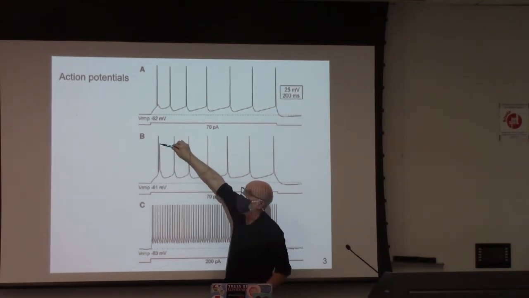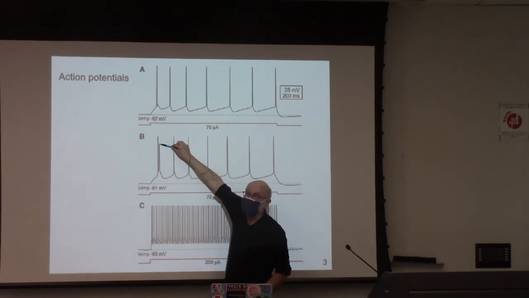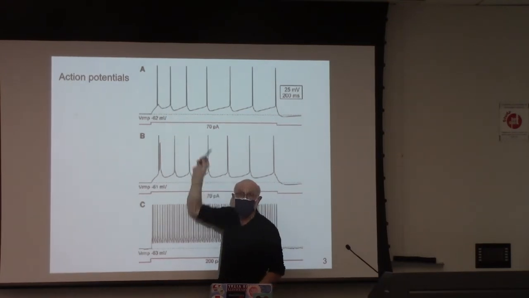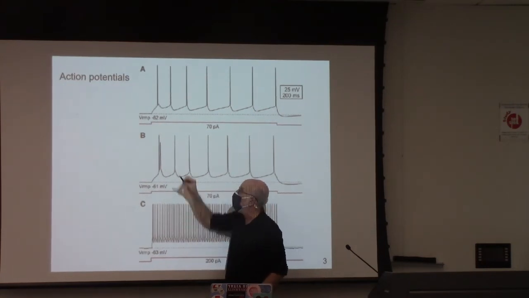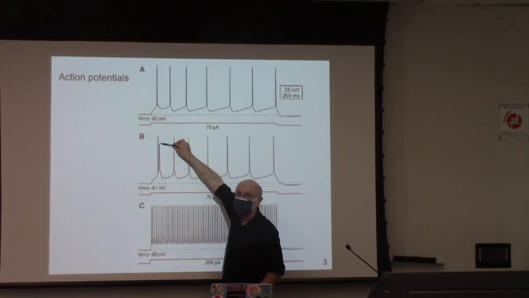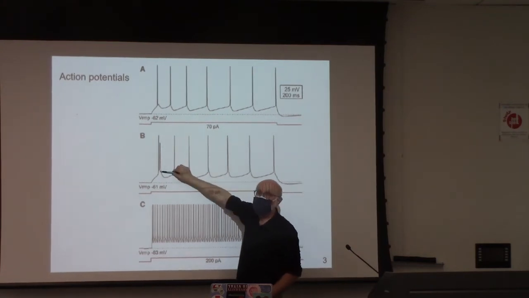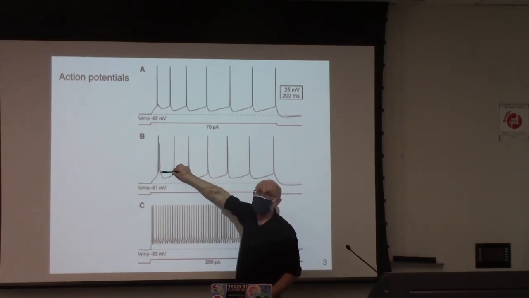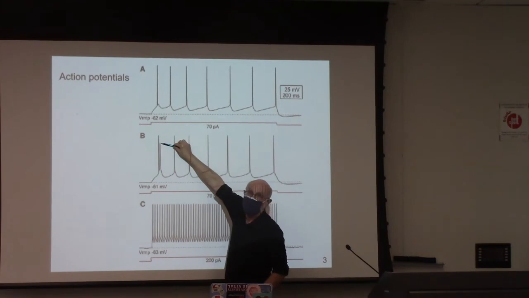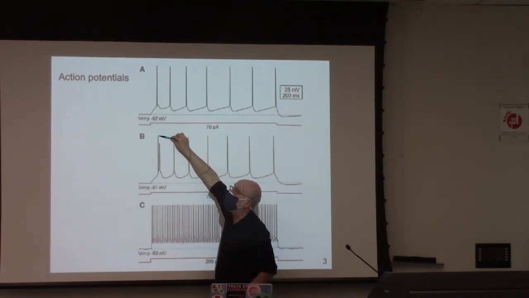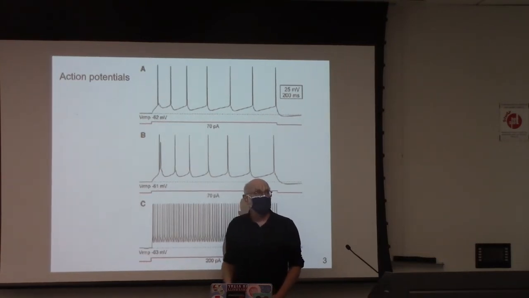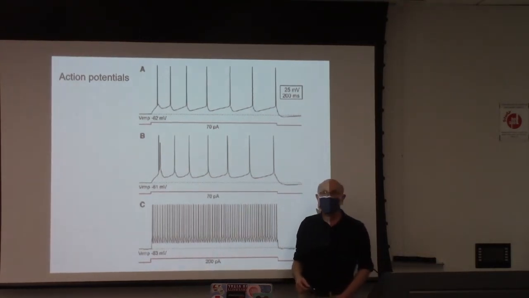And that's why this action potential is shorter than this one. Some of the voltage-gated sodium channels are still inactivated. The depolarization was big enough to trigger it, but its all or none is smaller than this all or none because some of the voltage-gated sodium channels are still inactivated.